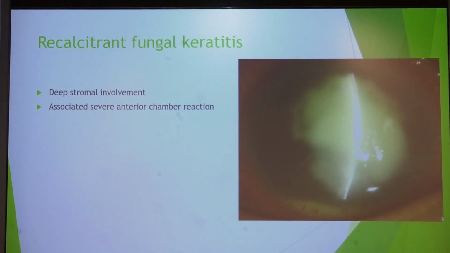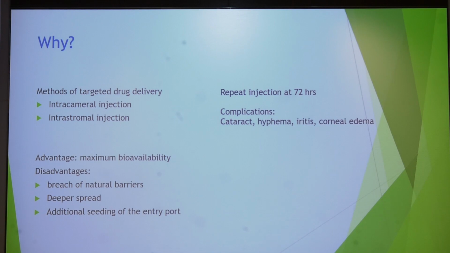This is when you have to devise a targeted delivery system, either an intracameral injection or an intrastromal injection. Why? Because the drug reaches the intended site and gives maximum bioavailability. However, there is a potential risk of spread of infection to deeper tissues, and also a risk of seeding of the endothelium.